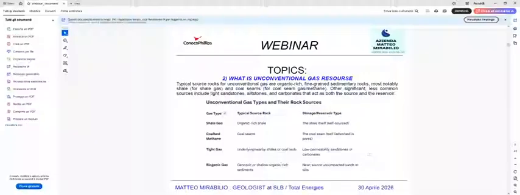Unconventional gas types and their rocks. We have shale gas, organic-rich shale. Generally for shale gas, the source rock is an organic shale, and the storage is made in the shale itself.